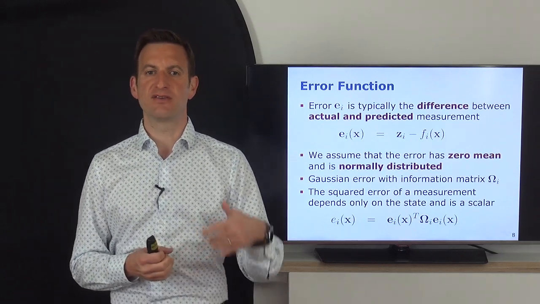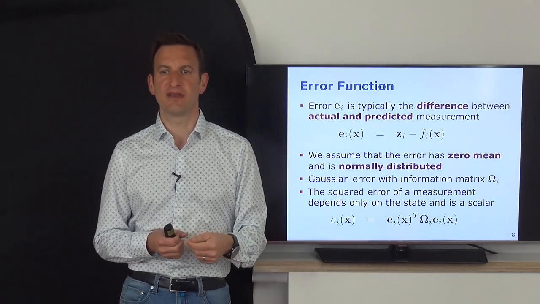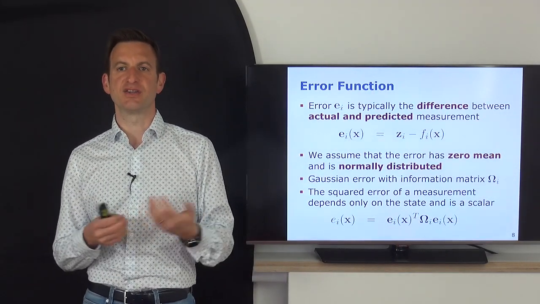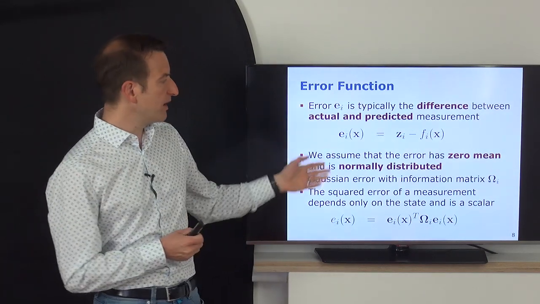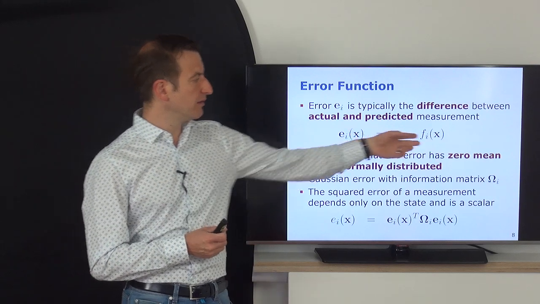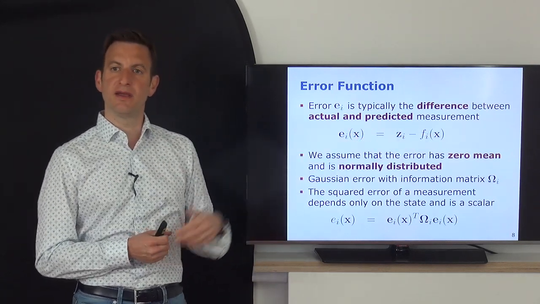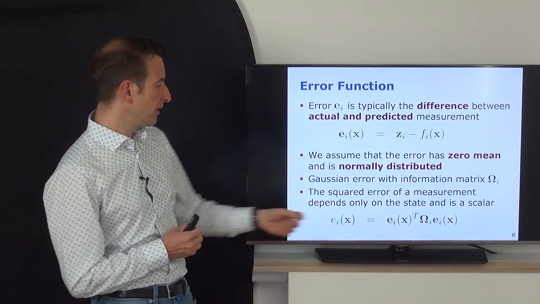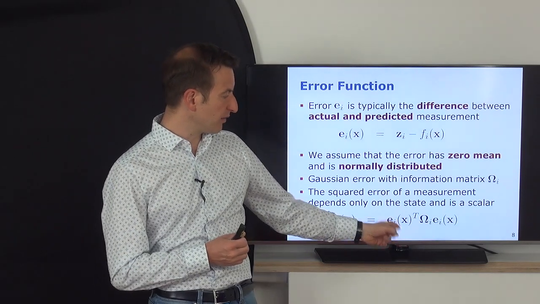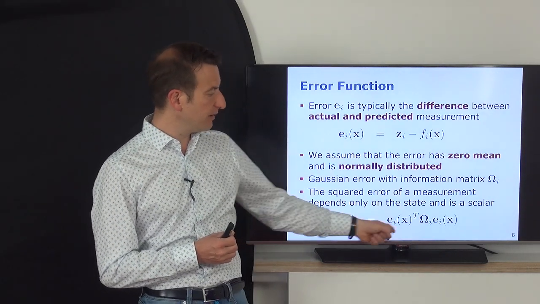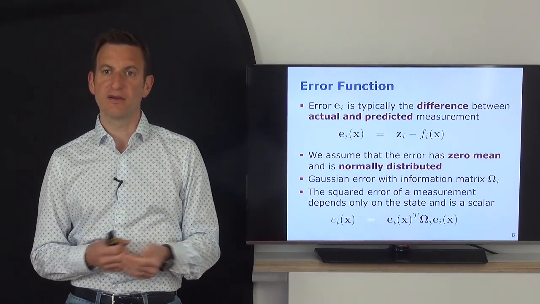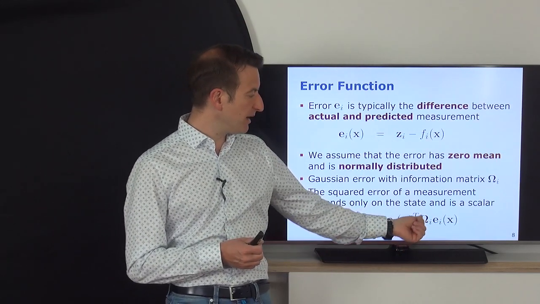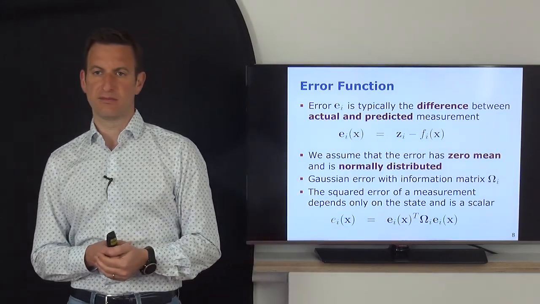And the information matrix is the inverse of the covariance matrix, so it basically tells me how much information this measurement actually conveys. And then we can turn the error vector into a squared error by using the error vector, so this is the same e_i, transposing it and multiplying it with omega_i. So we square it, and what we also do is put the information matrix in here as a weight. Okay?